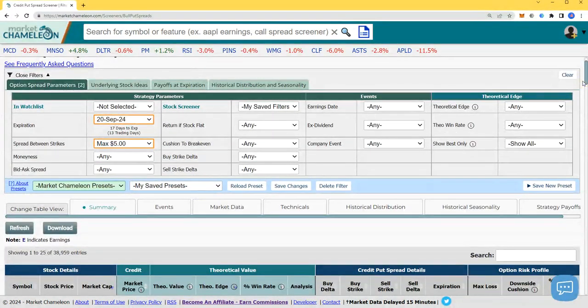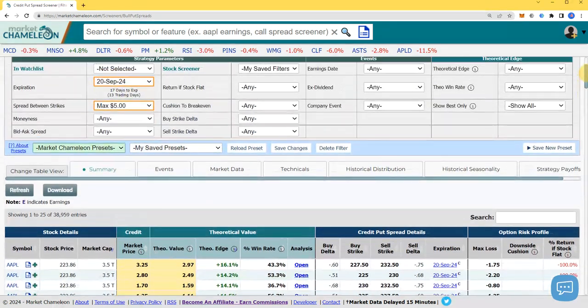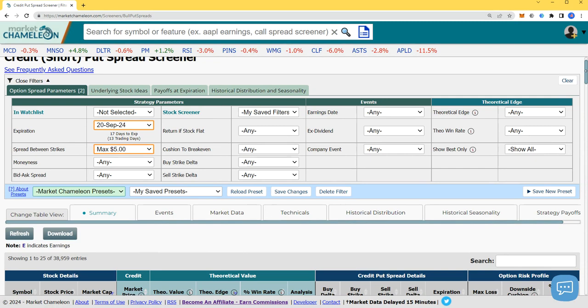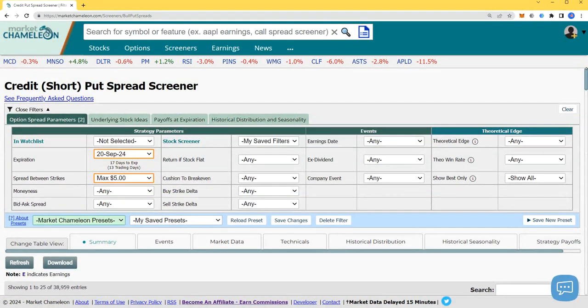Just an FYI, put credit spread, if you don't know, you sell one put and then you buy the lower strike put as well, and you assume that you are bullish on the stock. Then you have three ways to win as long as you are bullish, as long as the stock stays up and as long as the put credit spread is below the underlying stock price as of now.